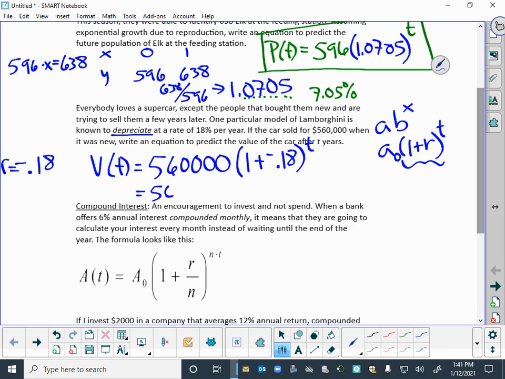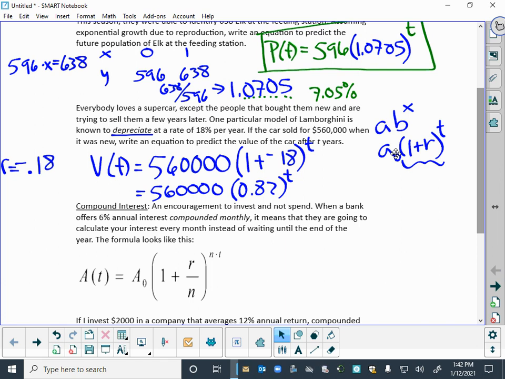Or in other words, 560,000 times 0.82, sorry, to the T. We recognize that as exponential decay because the B value, the number in there, is now less than 1, because the 18% was negative and subtracting it from R forced this to be an exponential decay.